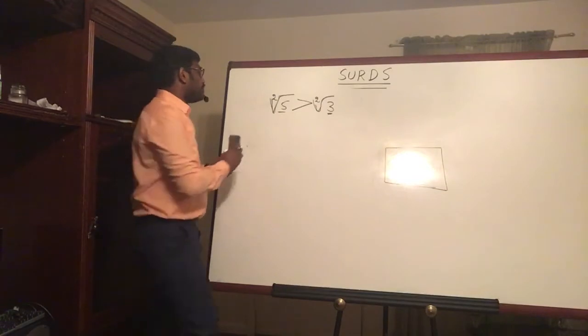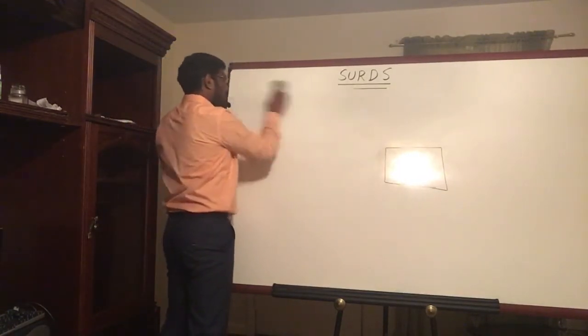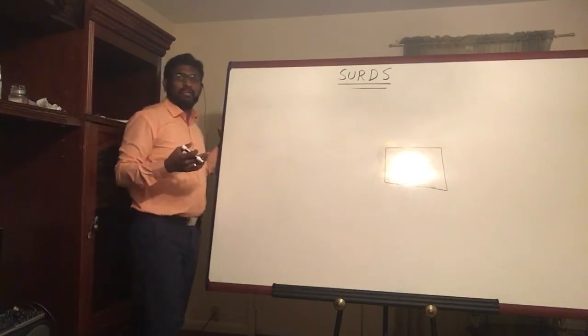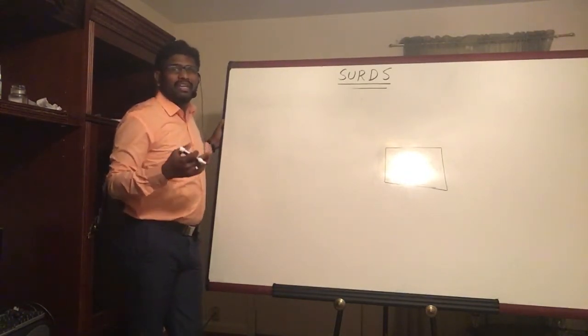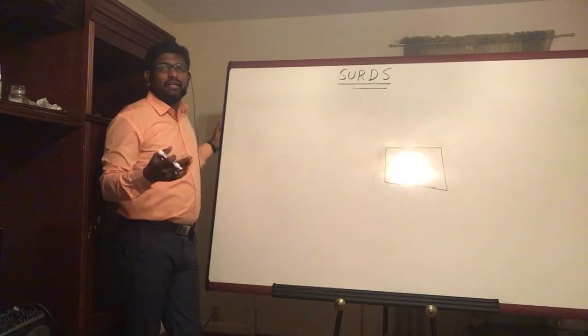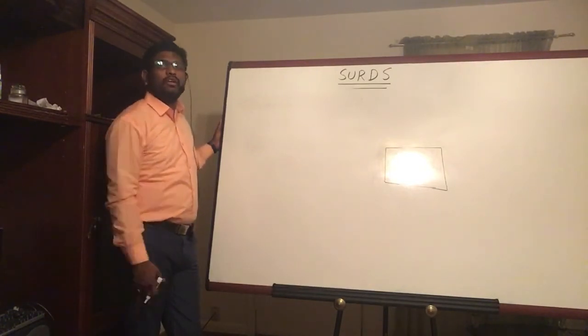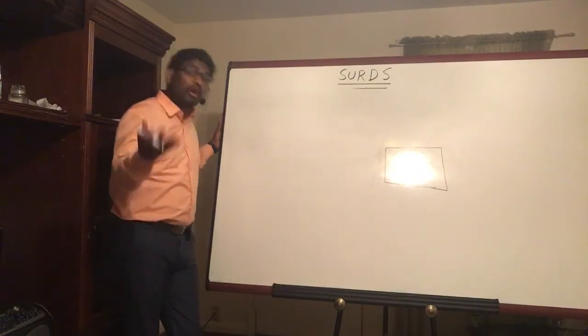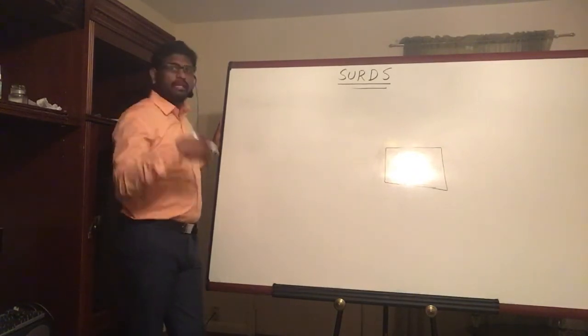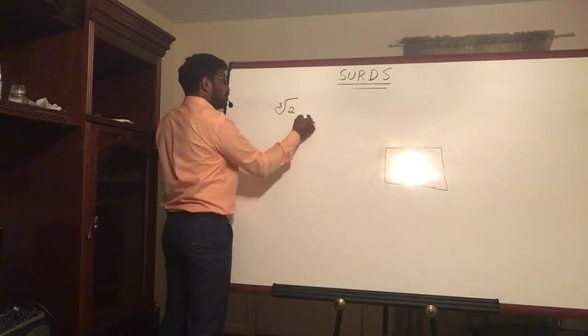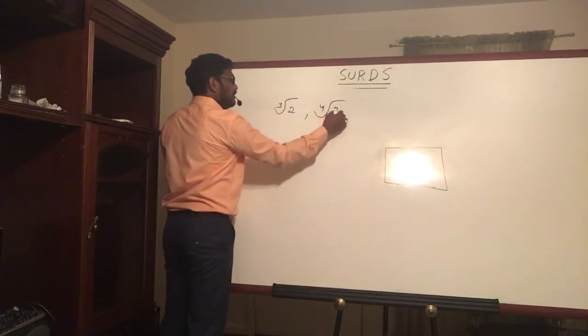So now let's convert non-equiradical surds to equiradical surds. That means let us make the orders the same. If the orders are not the same, we will make them the same. For example, cube root 2 and 4th root 3.